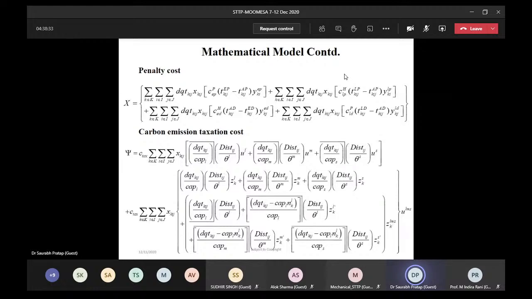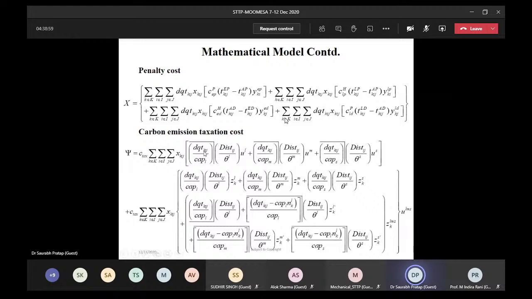So they have imposed some environmental policy to reduce carbon emission from logistics service providers and different associated companies. I have calculated the carbon emission cost on the basis of distance and time. So you can understand the logic behind the carbon emission taxation cost.